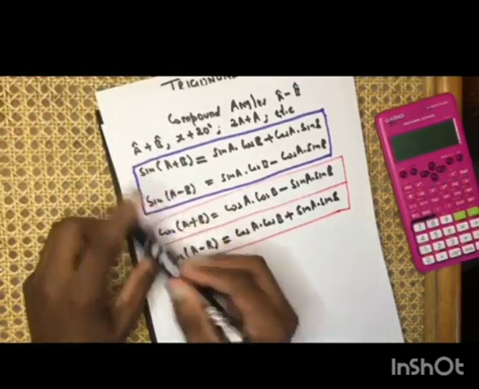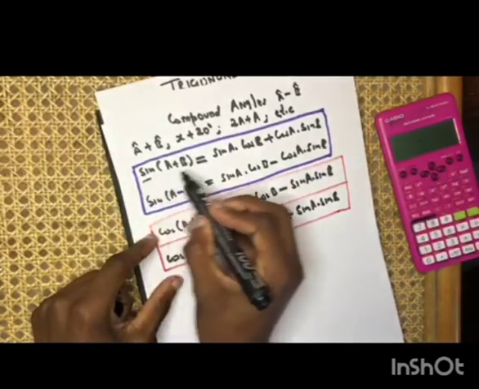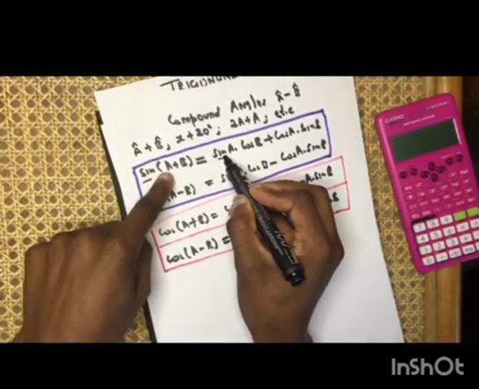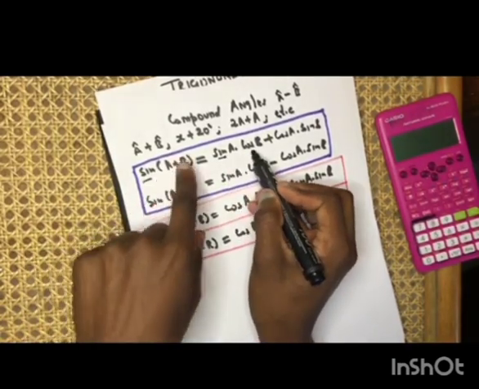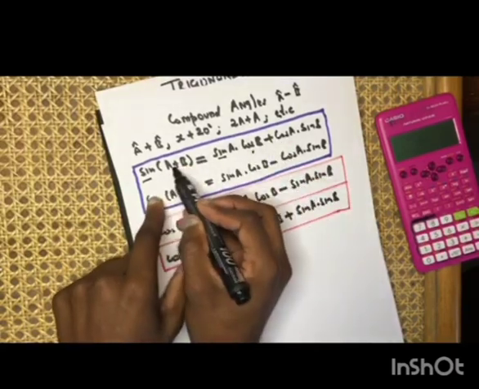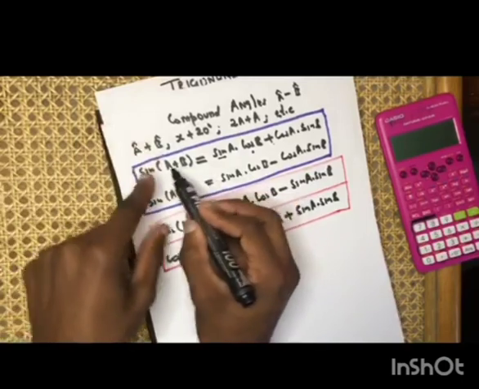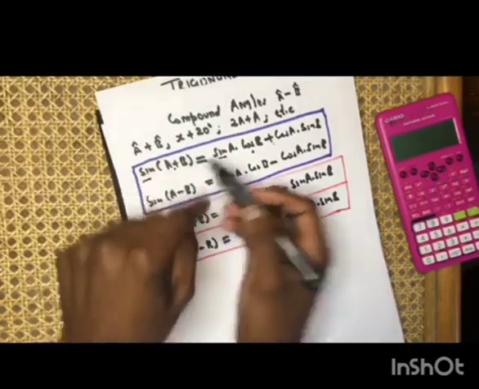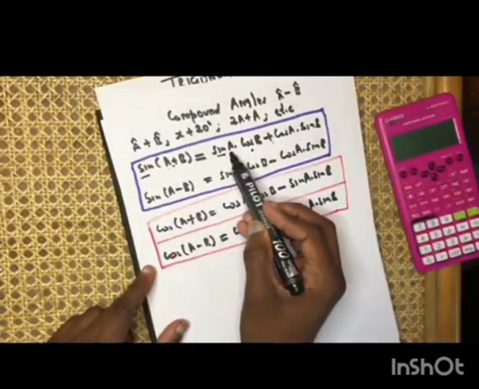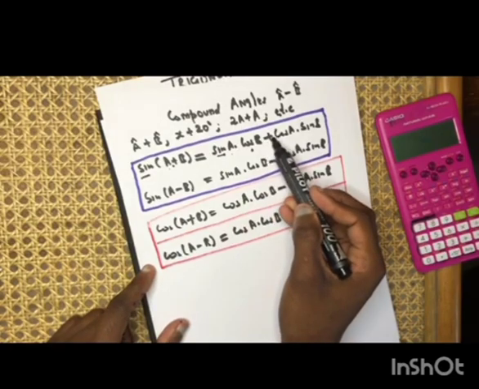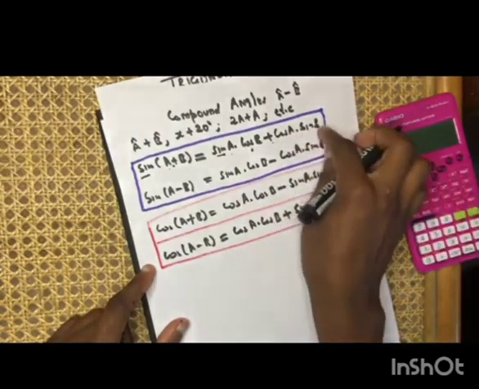If I expand the compound angle of sine, it starts by saying sine, the first angle, times cos, the second angle. Then sine keeps the sign, so we have plus. Then we start again: cos, the first angle, times sine, the second angle. So that's why we have sine A cos B plus cos A sine B.